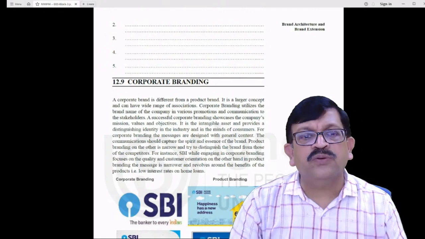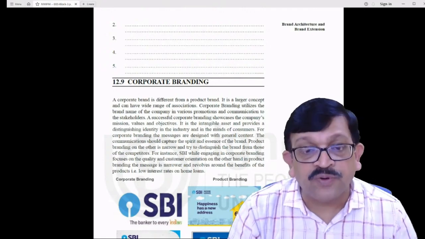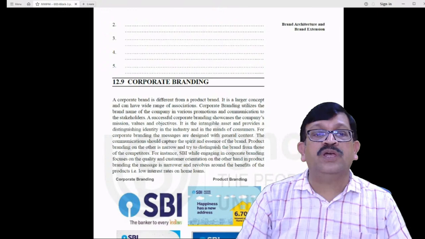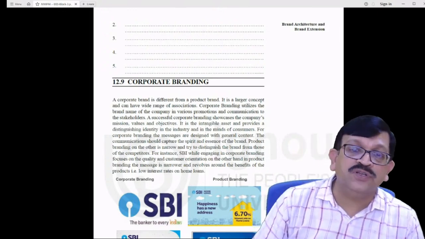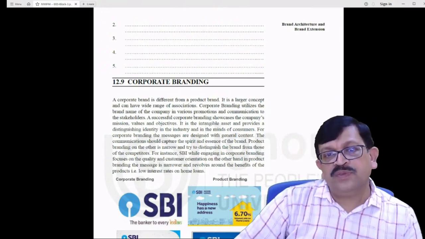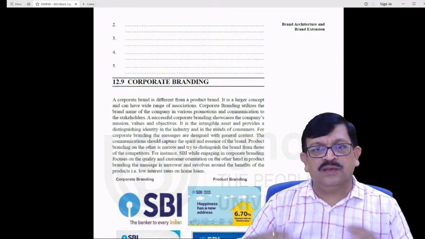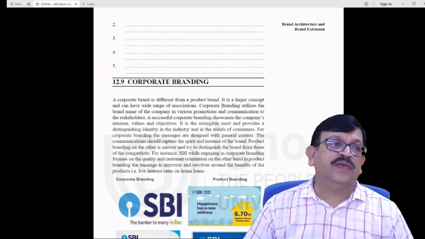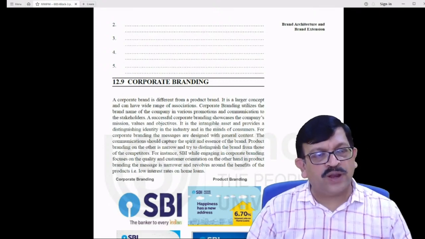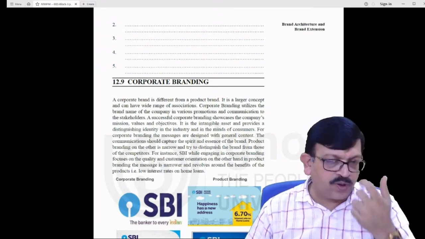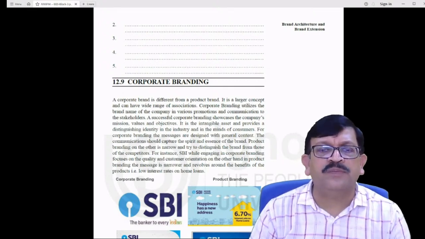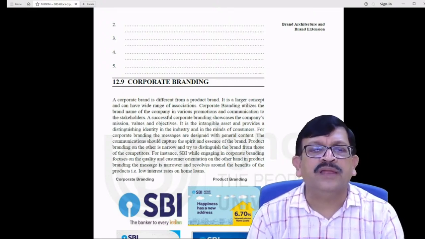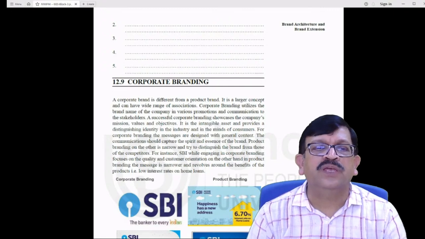We need to look into something like why the company was thought of. When you look into their values, their mission, their vision statements, sometimes that is a larger concept in terms of the entity, and the associations also have a wider range. So when we are looking at corporate branding, that factor has to be kept in mind.